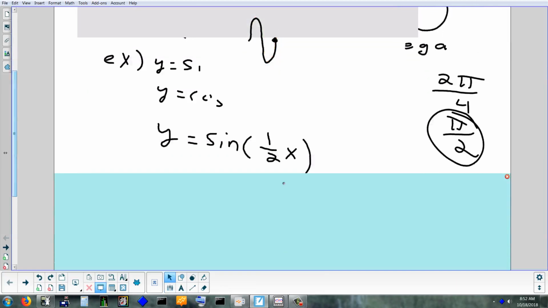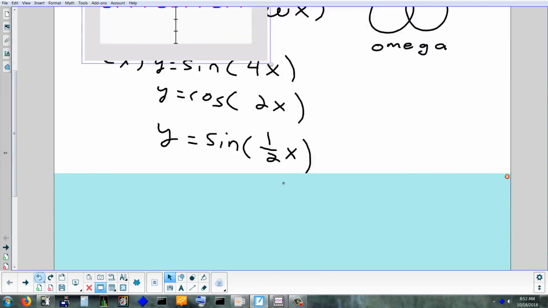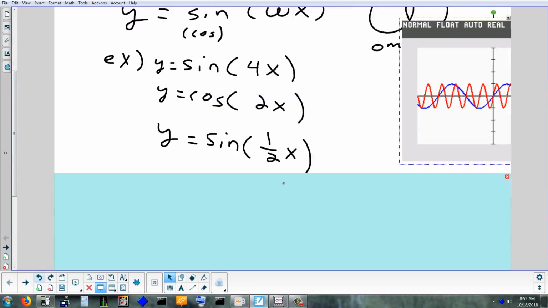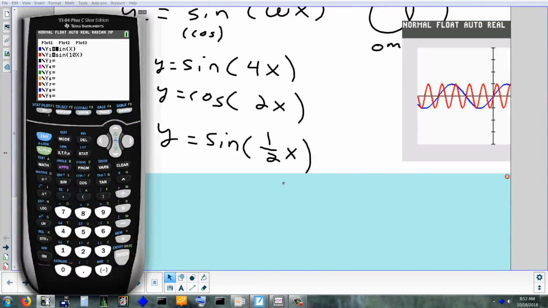All right, I had some other ones too, which I erased. Let's see if I can put those back. All right, so cosine 2x, that would compress a little bit. You'd get double the amount of cycles as the original in the same space. Now, what about sine 1/2 x? What do you think is going to happen there? Make it longer.